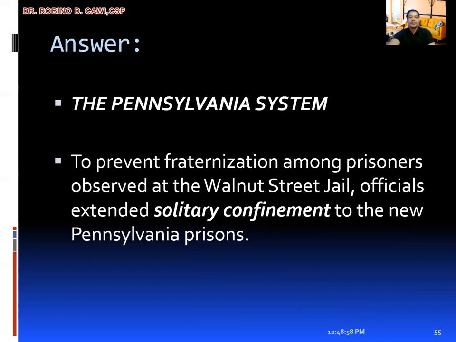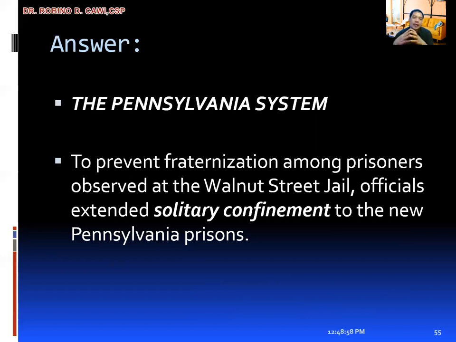Now the idea of this Pennsylvanian prison system is to prevent fraternization, or what we call prisonization, among inmates. The idea is that when the inmates are mixed together, it would be possible for these inmates to contaminate the behavior of others.